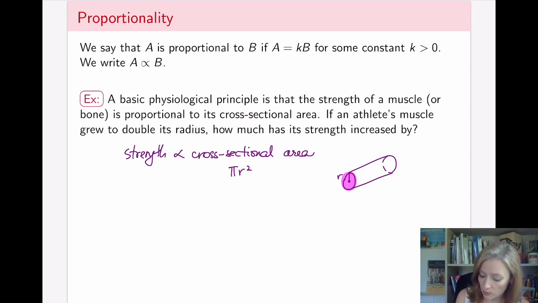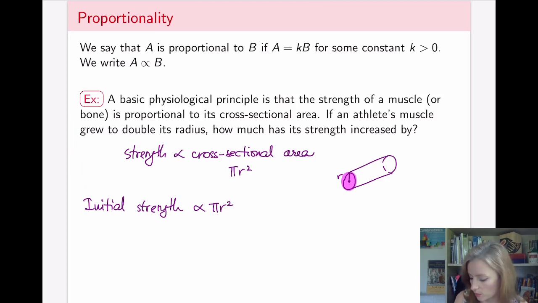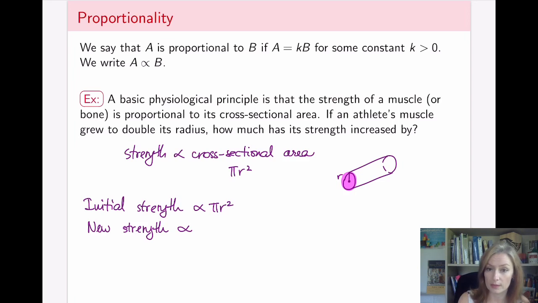So let's say that my old strength, or initial strength, is then of course proportional to the initial radius, so pi r squared, whereas the new strength that the muscle has is now proportional to the new radius that is double the old radius.